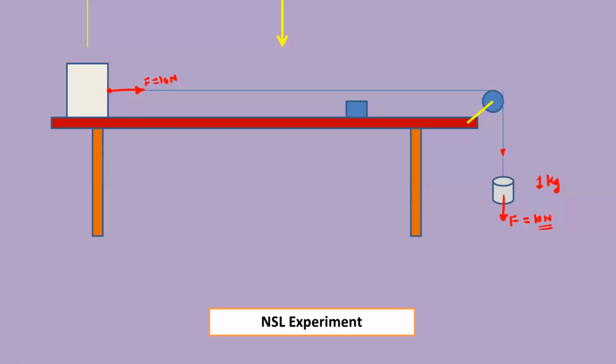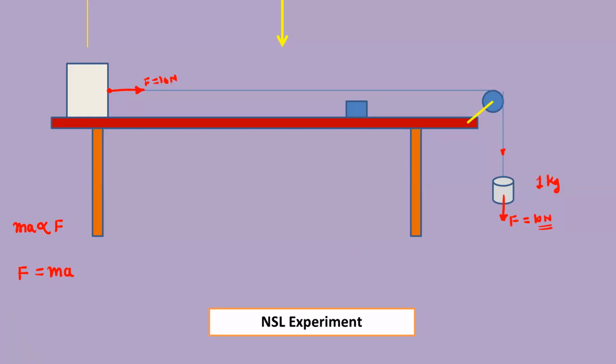In the Newton's second law experiment, our aim is to prove that the external force which acts on the mass is equal to mass into acceleration. Actually, from Newton's second law, if you refer to this statement, mass into acceleration is directly proportional to the external force. There is no equality sign in this Newton's second law statement.